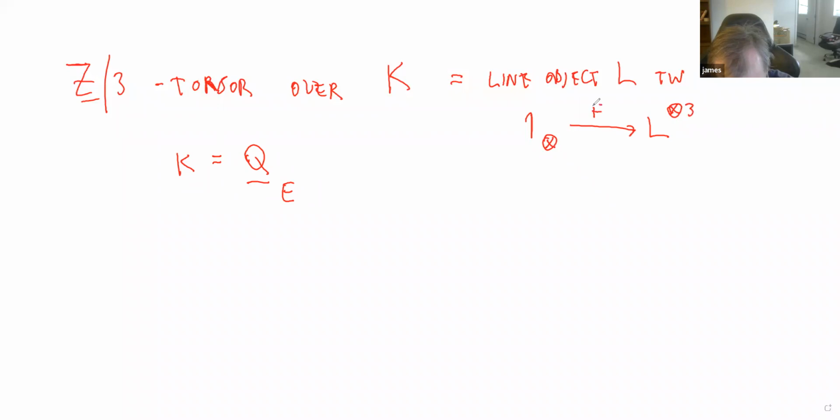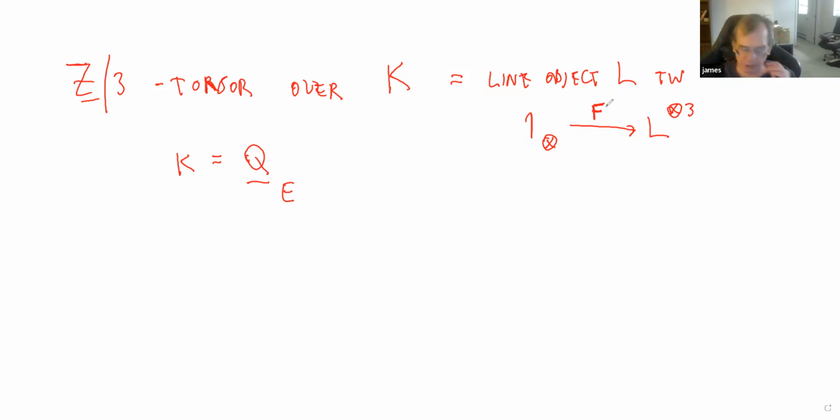I'll call that F. The letter F probably stands for framing. Framing, trivialization, they're kind of similar ideas here.